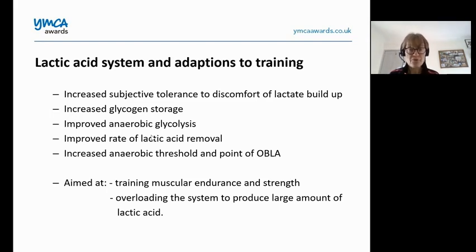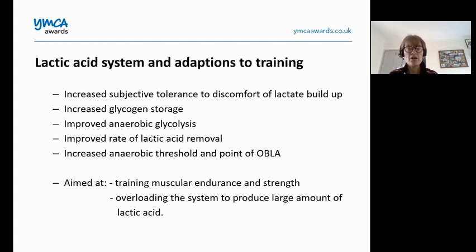You'll have an improved mechanism of anaerobic glycolysis, and your body will be able to increase the rate at which it removes the lactic acid. This has the overall effect of increasing your point of OBLA, so you can do more exercise before you reach that anaerobic threshold, where your body cannot clear the lactic acid fast enough.